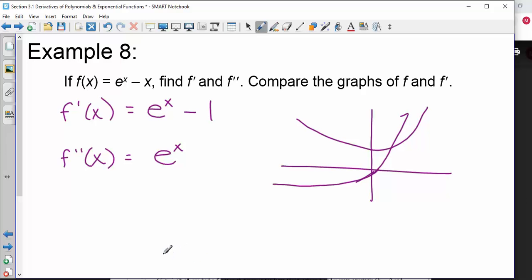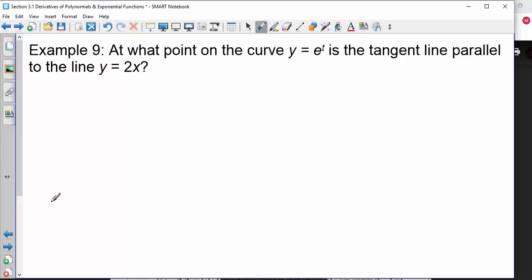We just have about 3 examples left, and then we're done with this section. At what point on the curve y equals e to the t is the tangent line parallel to the line y equals 2x? What does parallel mean? Same slope. What is the slope of this line? 2.